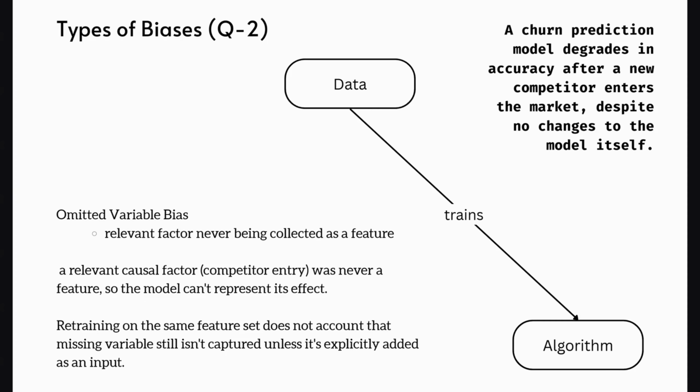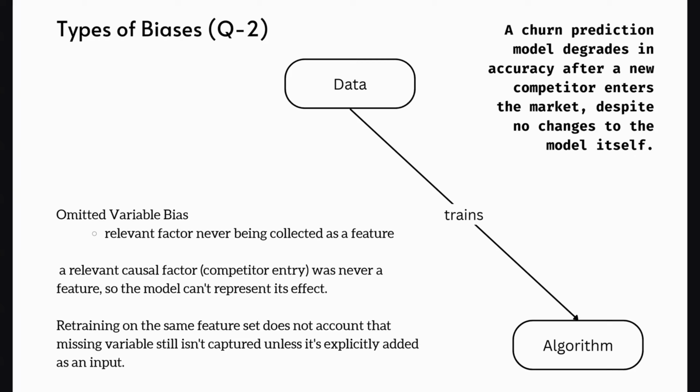Unless it's mentioned that you are retraining with the added feature, it would still be omitted. Retraining on the same feature set does not account for it. If you are adding the feature, definitely yes.